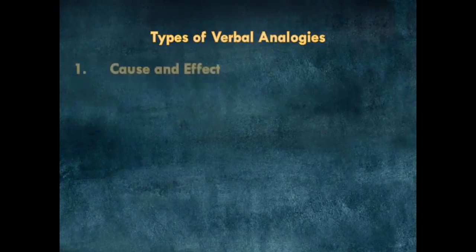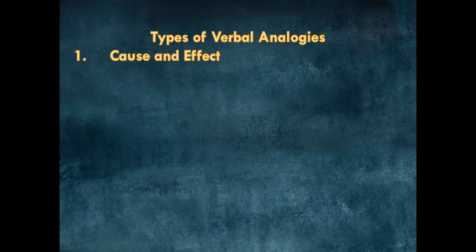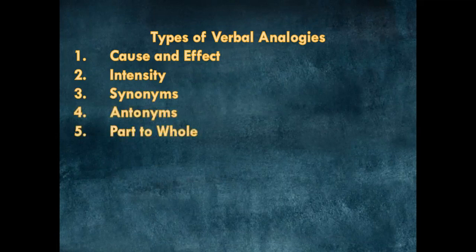Okay, that would be all about verbal analogy. Let us recap the types or kinds of verbal analogies. First, we have cause and effect, or vice versa, effect first before cause. Intensity, synonyms, antonyms, part to whole or whole to part.